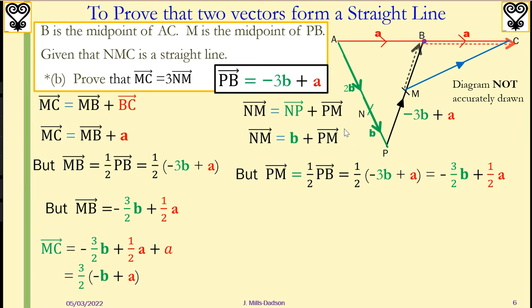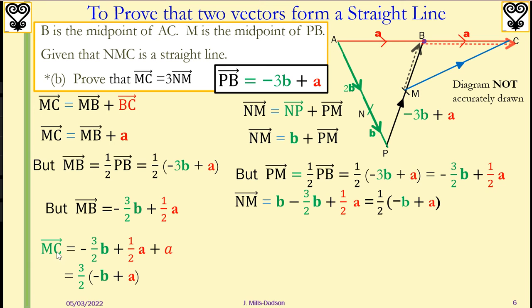So I'm going to replace vector PM with this. And then I simplify. And when I simplify, I have half into bracket negative B plus A.